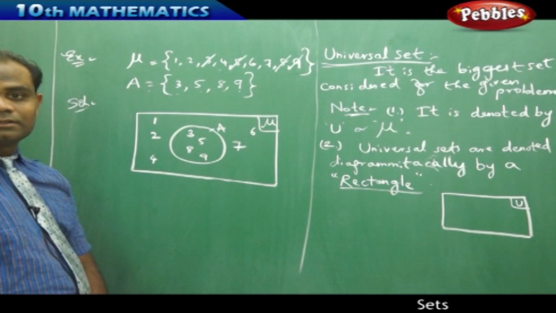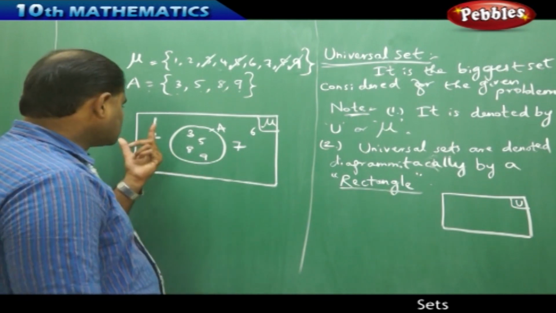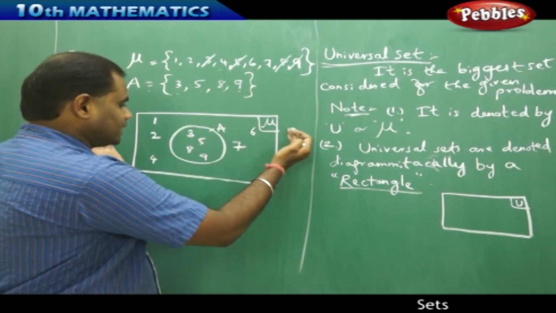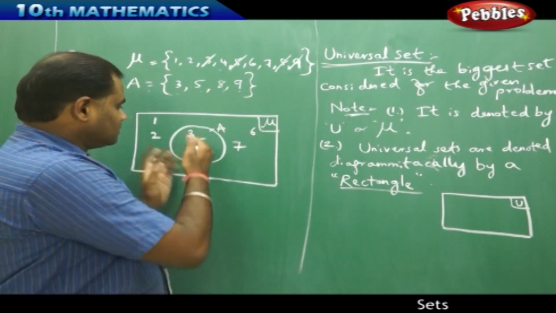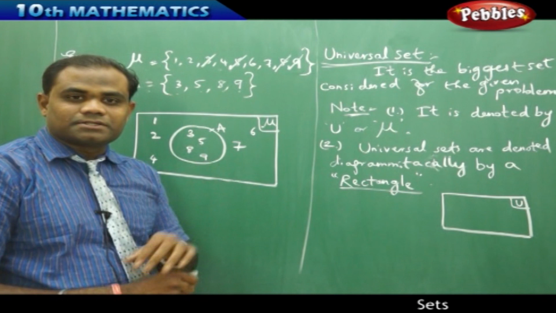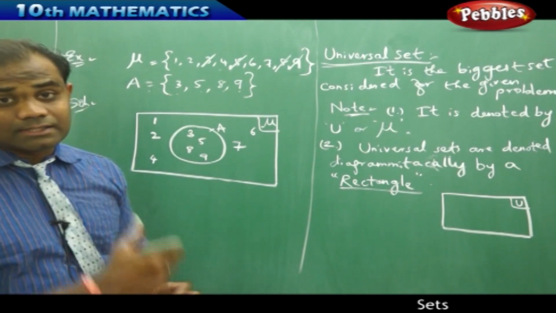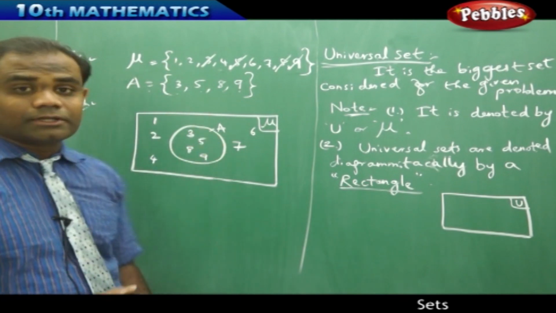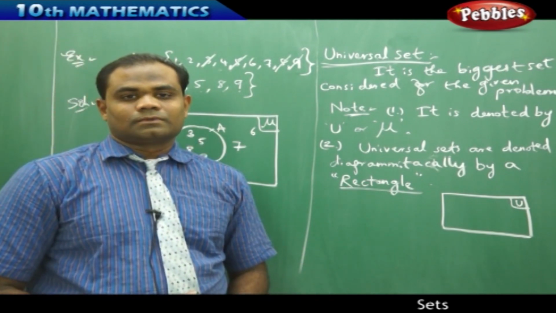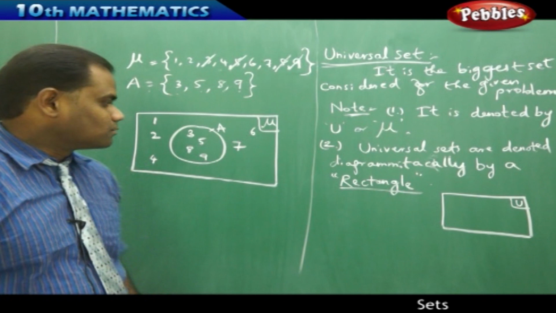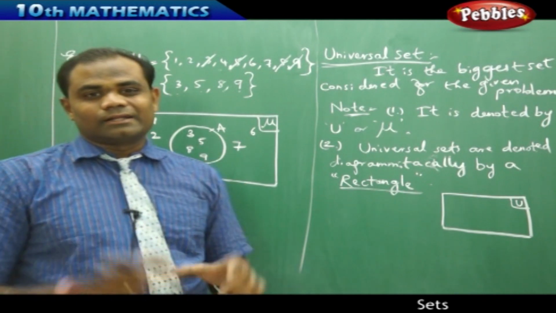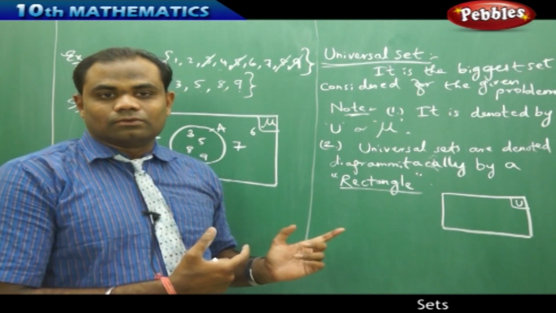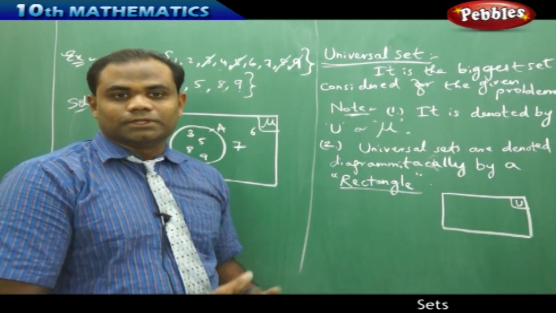So I have all these elements 1, 2, 4, 6 and 7 lying outside the circle and within the rectangle, and the elements 3, 5, 8, 9 lying strictly inside the circle is how I understand the set A and the universal set mu with the diagrammatic representation. So any problem given, we try to structure up the rectangle and the circle and then fill the elements accordingly with the mathematical rules as we studied here.